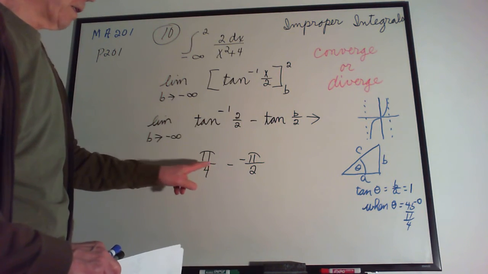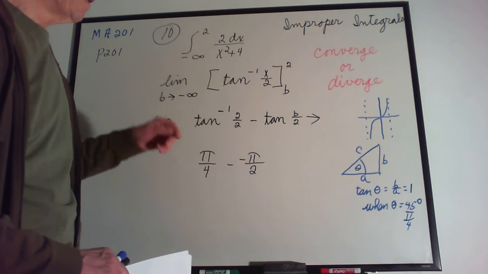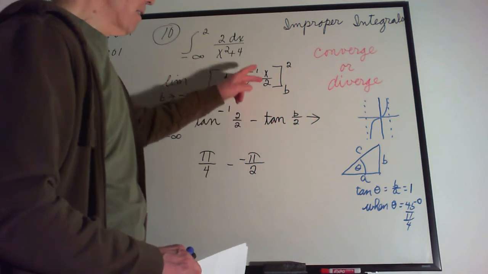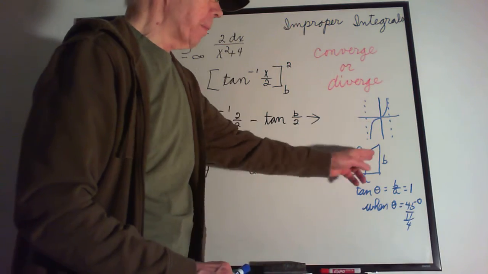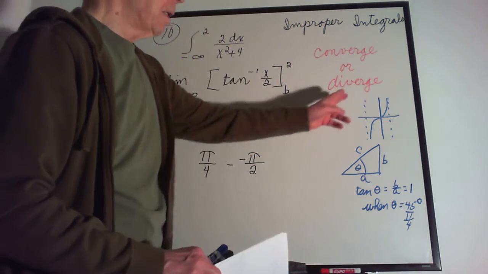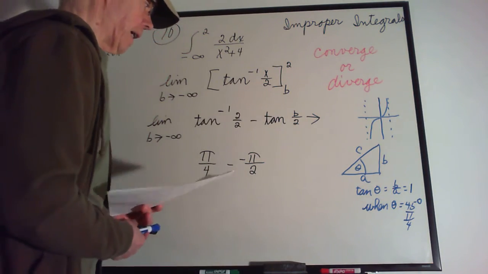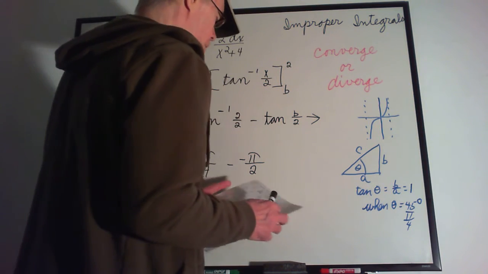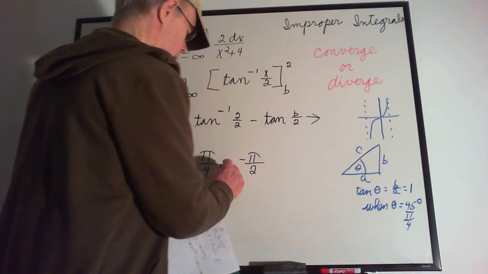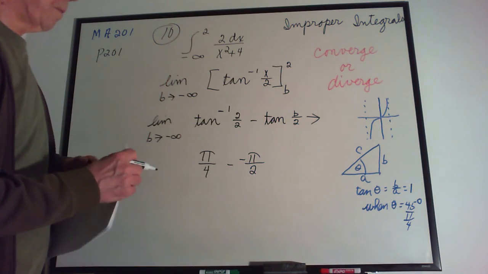So for this one, it's pi over 4. Now, as x goes towards negative infinity, even though you're dividing it by 2, this here is going to be a negative pi over 2. All right, negative pi over 2.